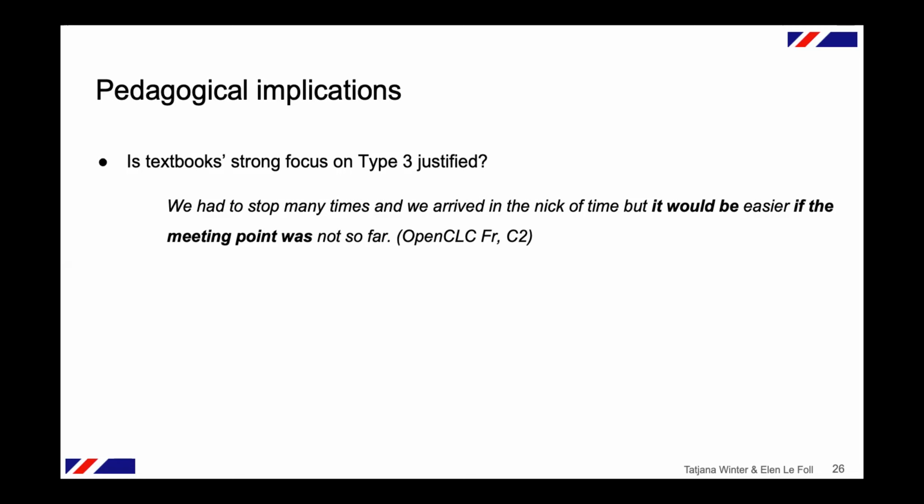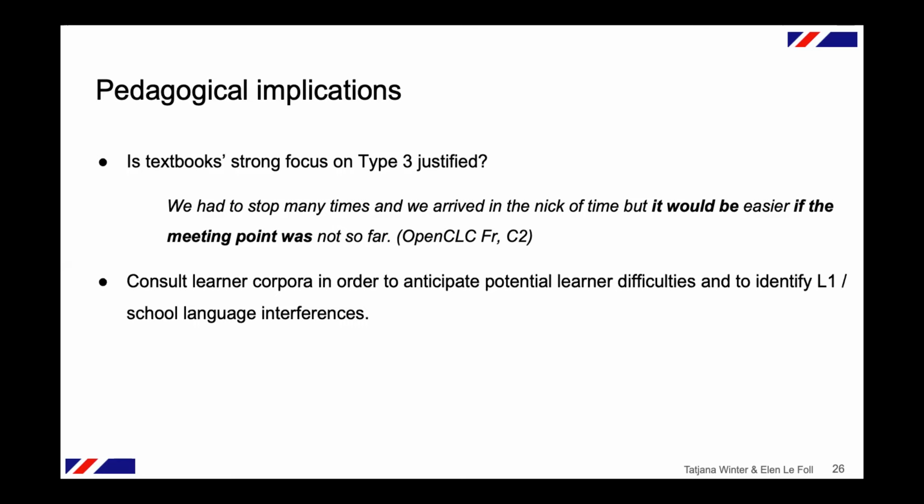And another advantage of using learner corpora, like we did, is that it enables researchers, teachers, and also textbook authors to anticipate potential learner difficulties and to identify L1 or school language interferences.